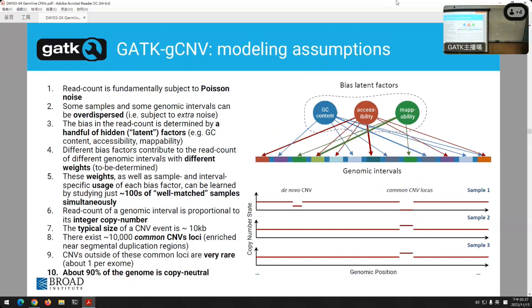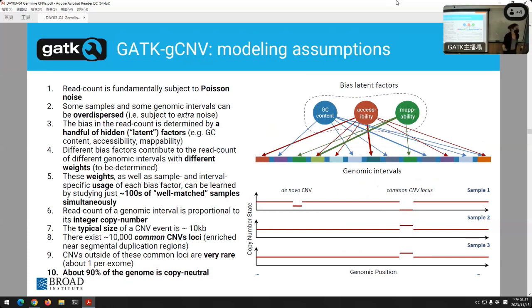But outside of those common recurrent CNV loci, copy number variants are quite rare. And we actually expect to only find about 1 rare coding CNV per exome. So a vast majority, somewhere around 90% of the genome in each individual, or across individuals actually, is going to be copy neutral.